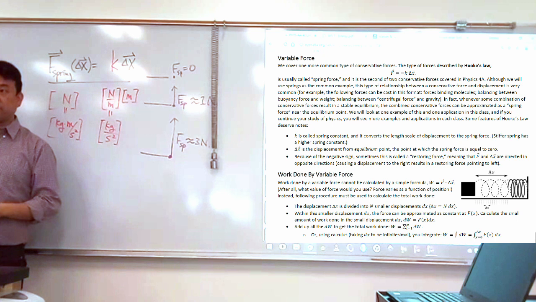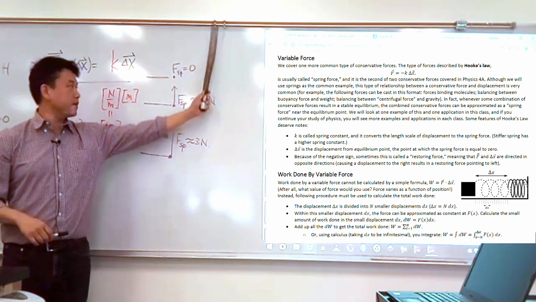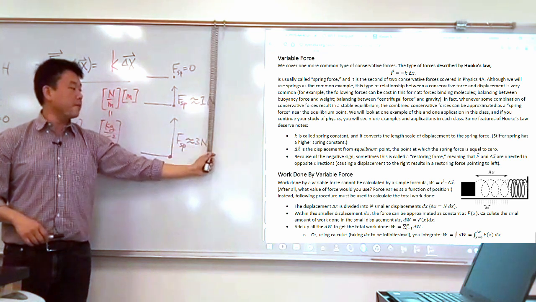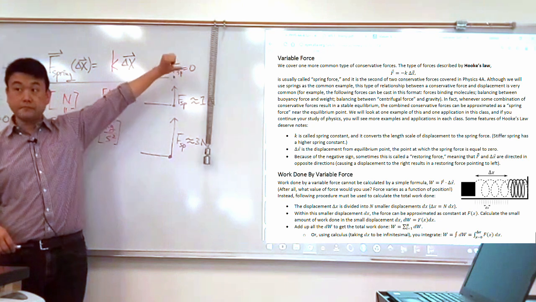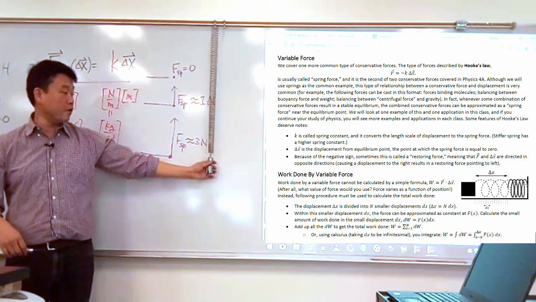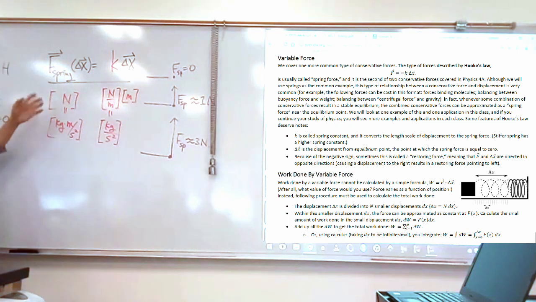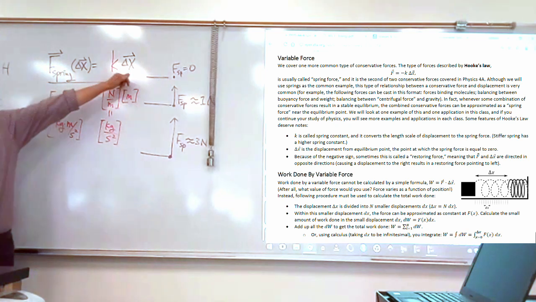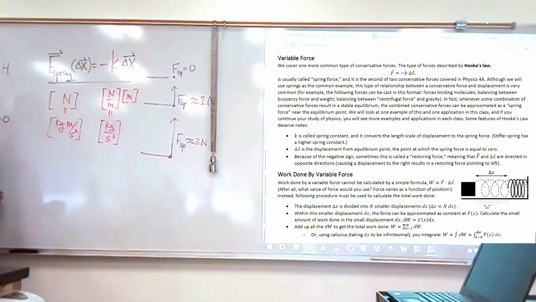Yeah, Stephen, you're looking at the directions, right? So when I pull this spring downward, is the displacement downward or upward? Downward. Is the spring force downward or upward? Upward, which means I have to indicate somewhere here that these two are in opposite directions. So I need to have a minus sign here.